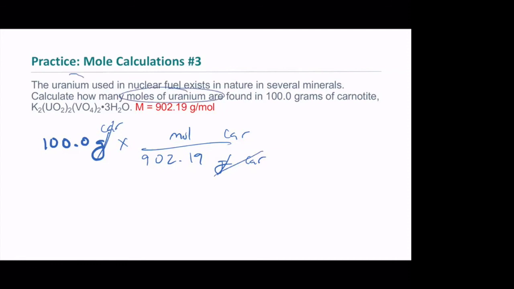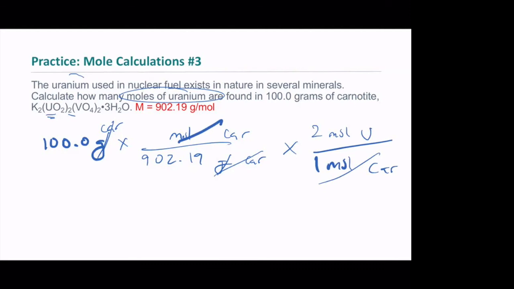So we can say 2 moles of uranium for every 1 mole of carnotite. And so we actually have twice as many because that's a subset of the mineral, if you will. So the moles of carnotite are gone. We now have moles of uranium.